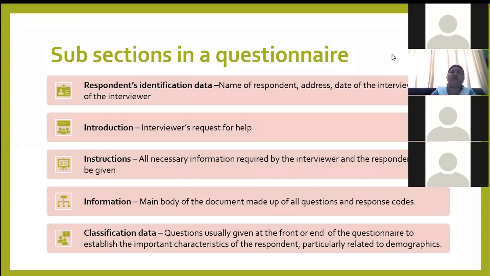That kind of information is usually given at the beginning of the questionnaire, and in some questionnaires it may be given at the end. So depending upon the type of inquiry, these are the possible subsections in a questionnaire. In certain questionnaires, one or two subsections may not be there.